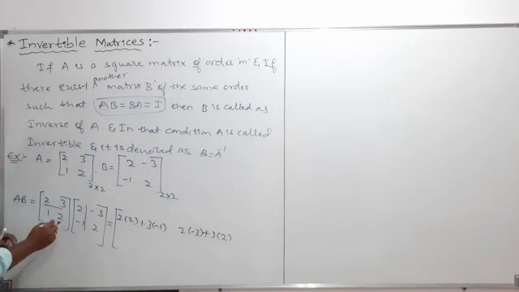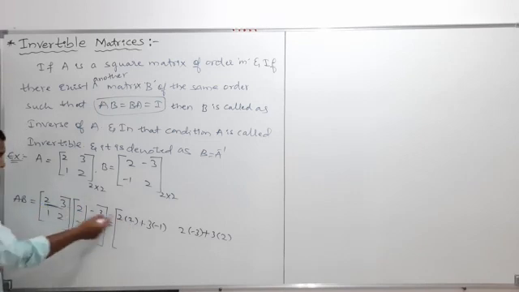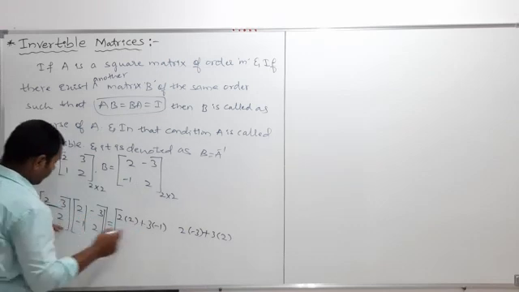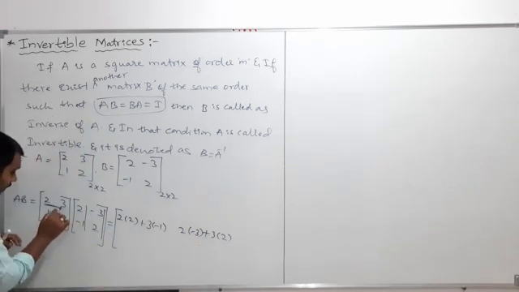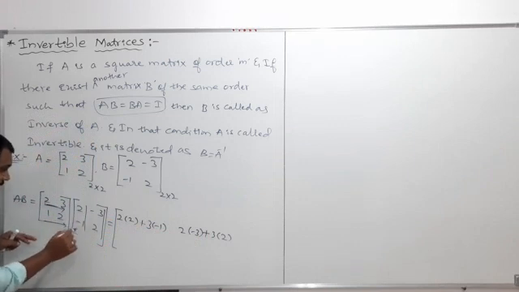And next similarly my dear students, first row, first column is over. First row, second column I also wrote here: 2 into minus 3 plus 3 into 2. Next my dear students, second row, first column.